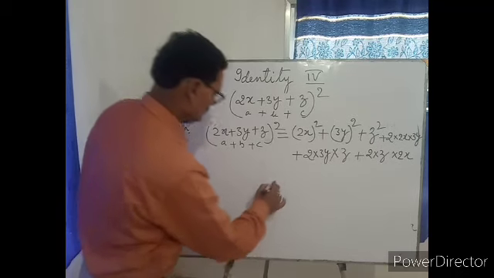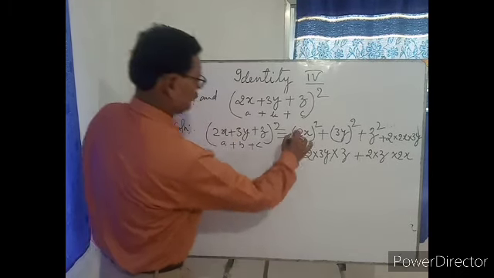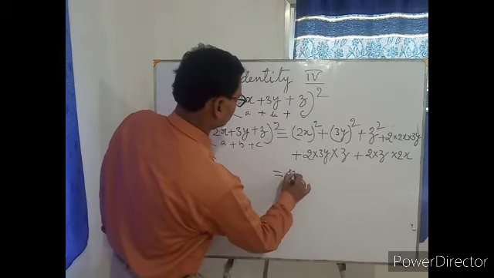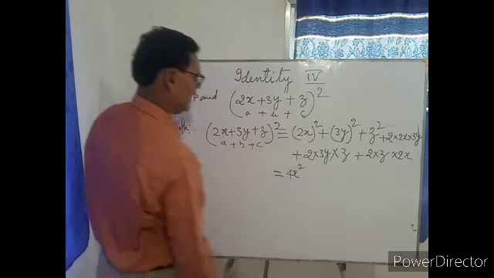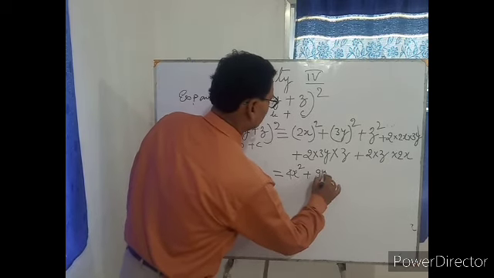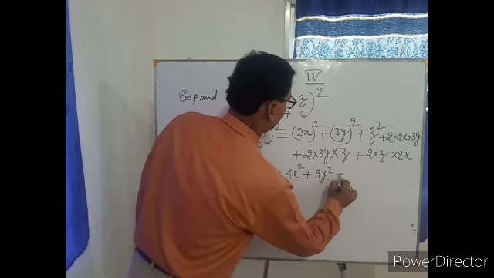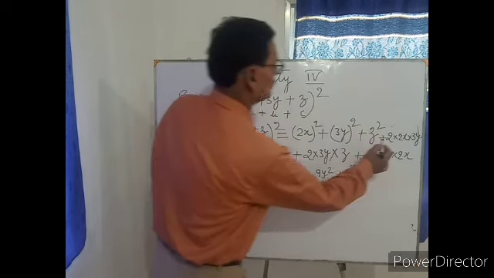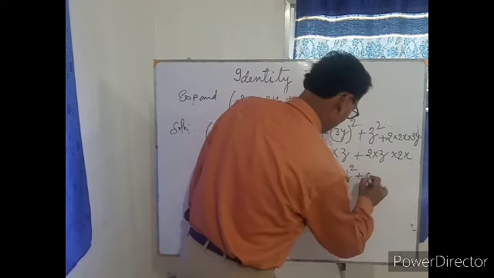Correct? Now just simplify it. (2x) whole square: square of 2 is equal to 4, square of x is x square. Similarly, it will become 9y square. Similarly, it will become z square. Now see here, 2 into 2 into 3 is 12.